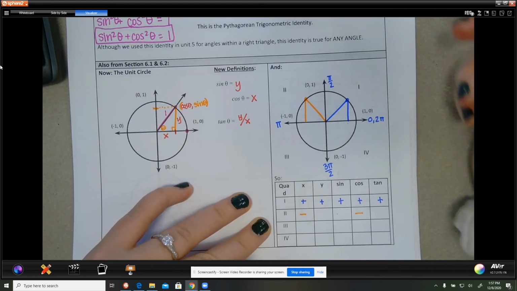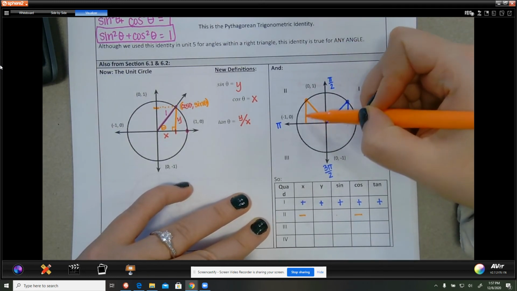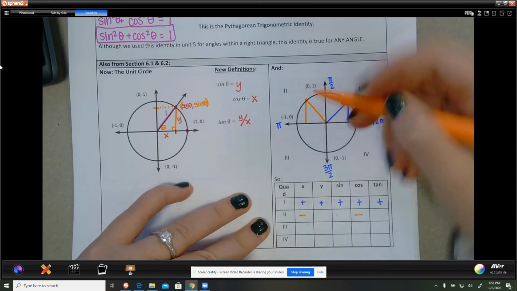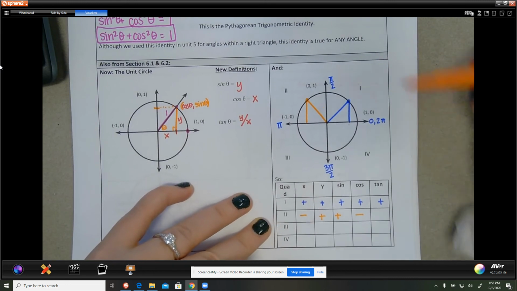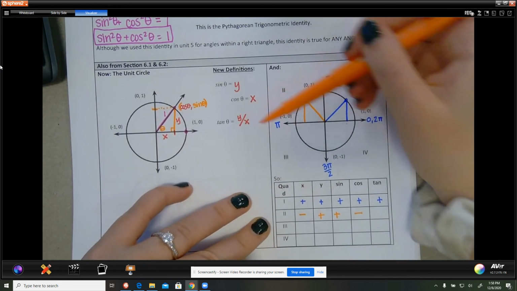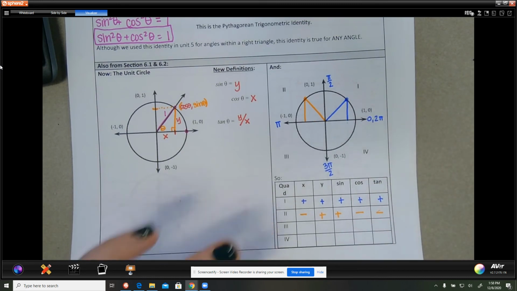That was just a slip of my brain. Then my y value is positive. I'm going up to that point, so y is positive, so sine is positive. Then tangent is y over x, a positive divided by a negative, so that's negative.